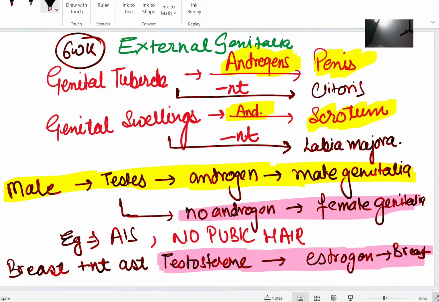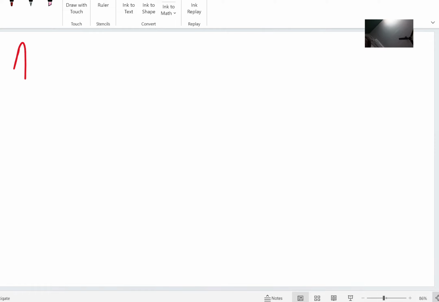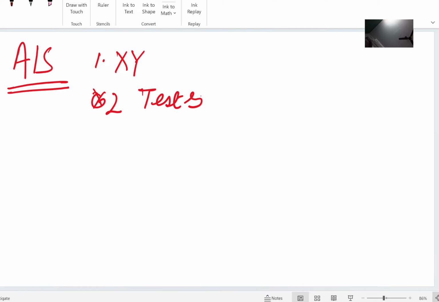So what are the peculiarities of androgen insensitivity syndrome? Yes, XY genotype, number 2, testes.